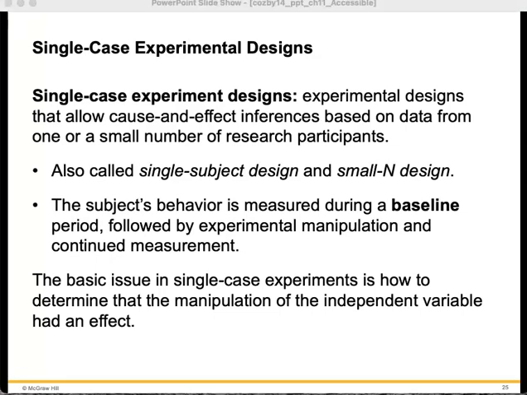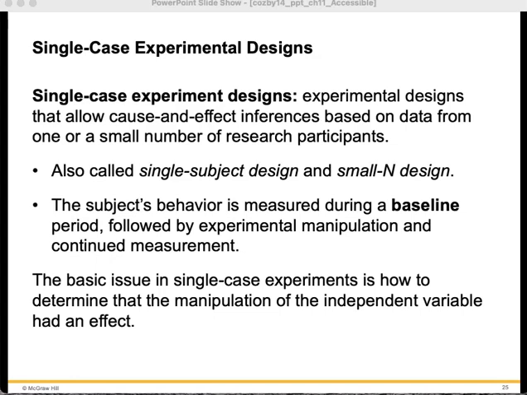So a single case experimental design has traditionally been called a single subject design. This allows cause and effect inferences based on data from one or a small number of research participants. It's also called a small n design.